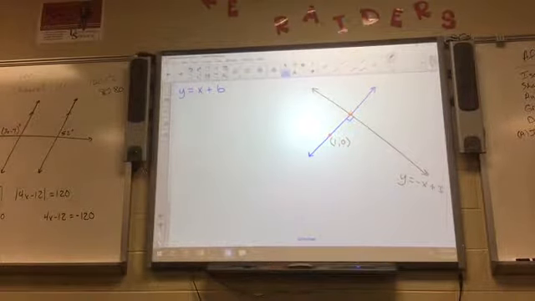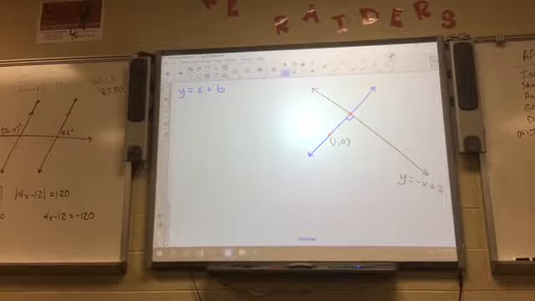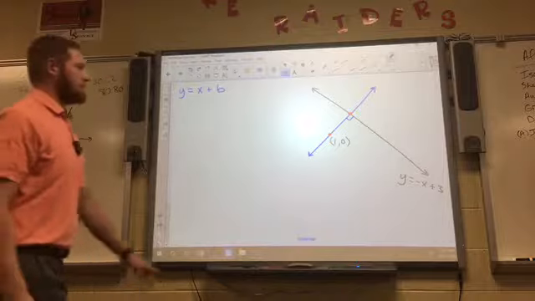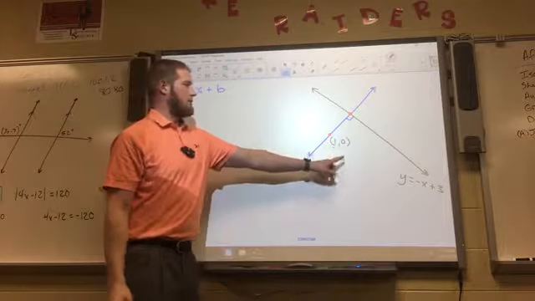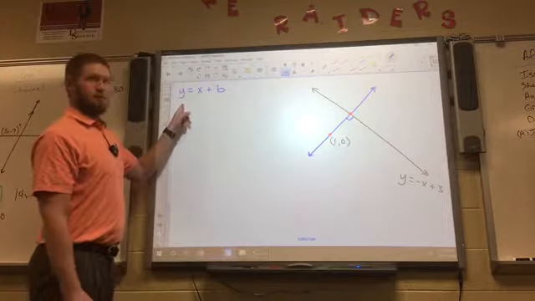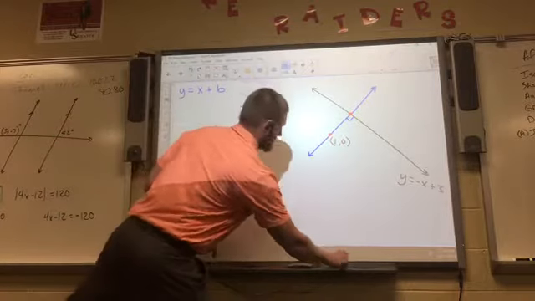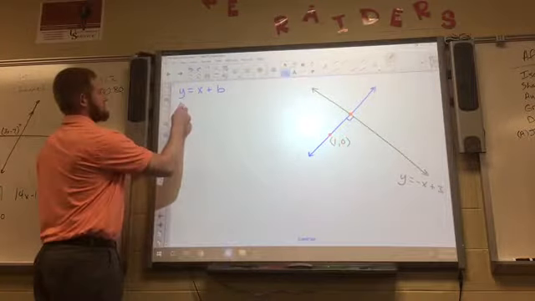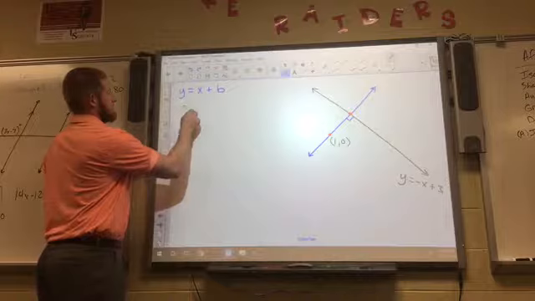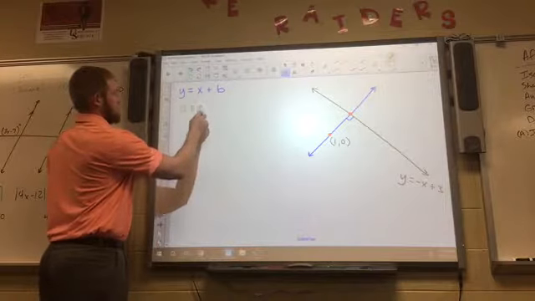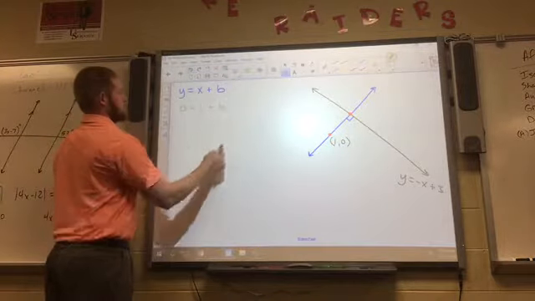Put the x and the y from my coordinate point, 1 and 0, in for x and y, right? That's what we did yesterday. So my y is 0, my x is 1, plus b.